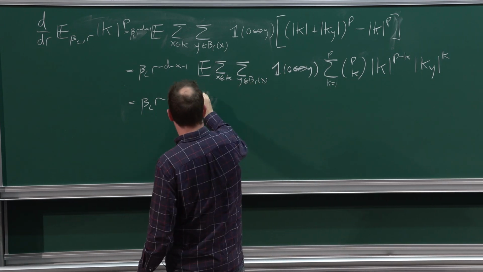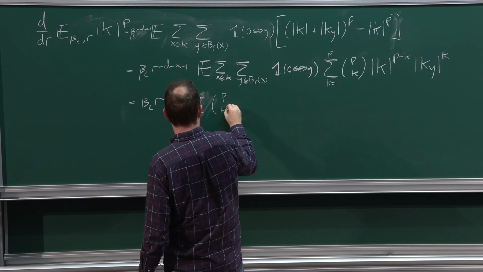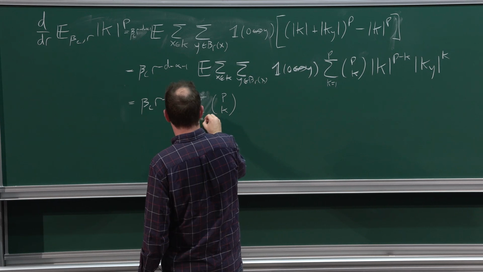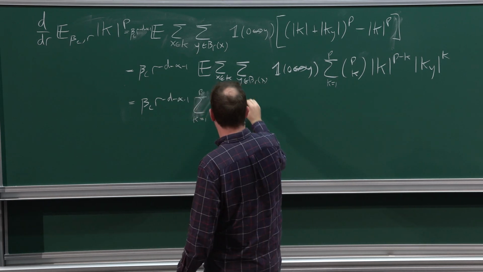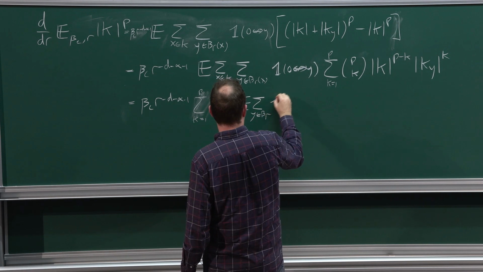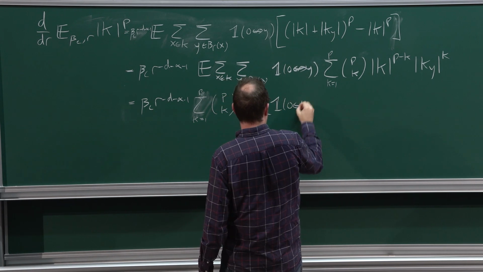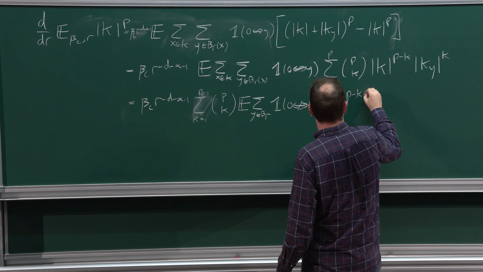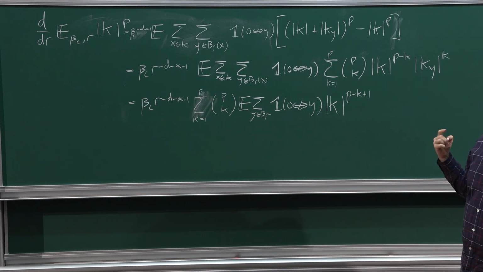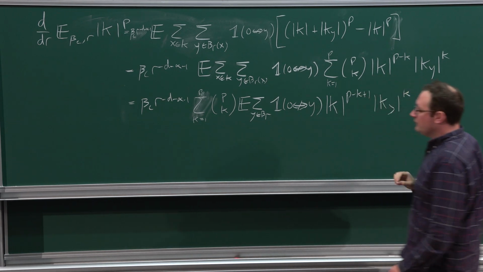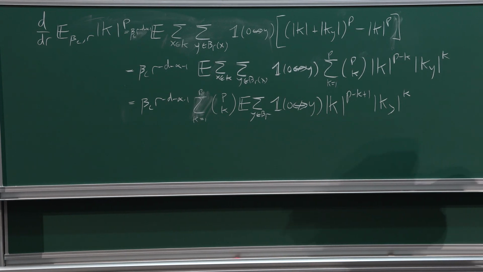So in fact, let me take out this sum, p choose k, k equals 1 to p of the expectation, y in the ball of radius r, times this indicator, times, now I get one higher power here, that came from the sum over x, times the cluster of y to the k. Okay, this is this mass transport argument again, just exchanging the role of x and the origin.